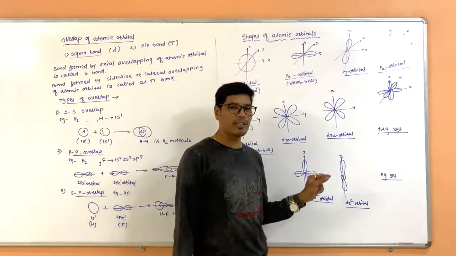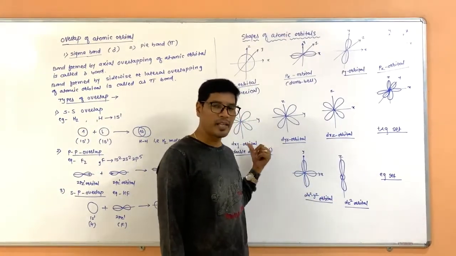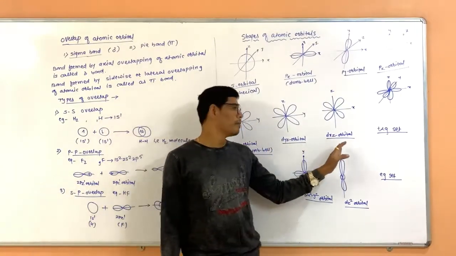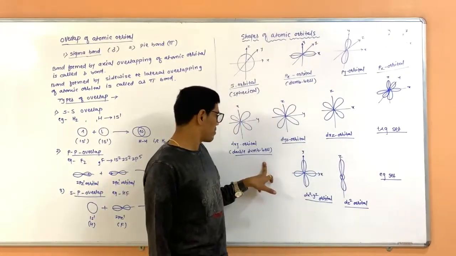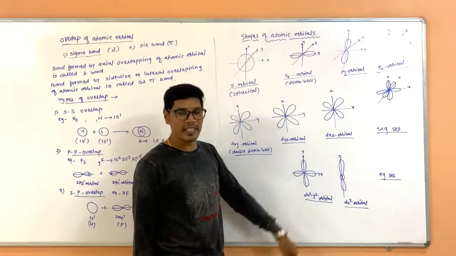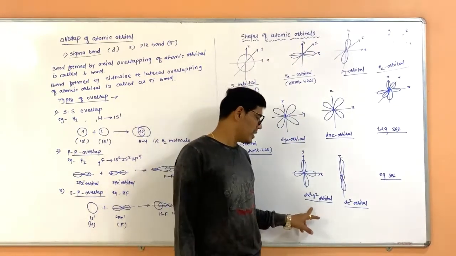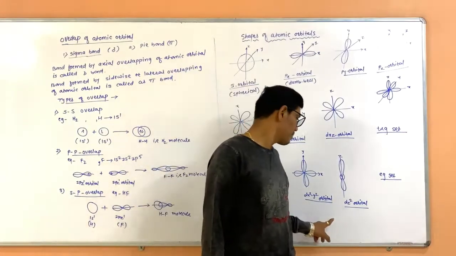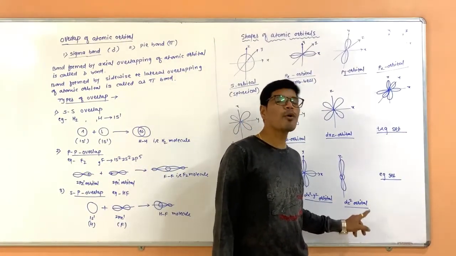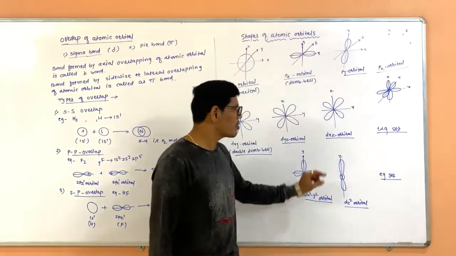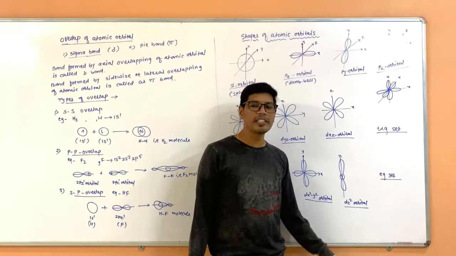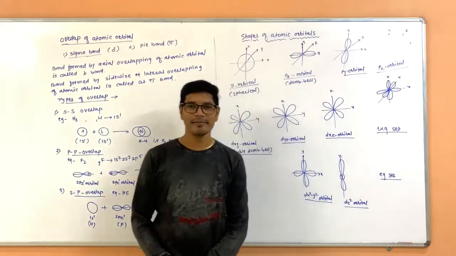Then in D, dxy, dyz, dxz: their lobes are present in between the axes. You draw them in between the names. That means they are dxy, dyz and dxz. And the last ones are dx square minus y square and dz square. Their lobes are present, yes, along the axes. So this is called the T2G set, triply degenerate, and this is called the EG set, doubly degenerate. Okay.